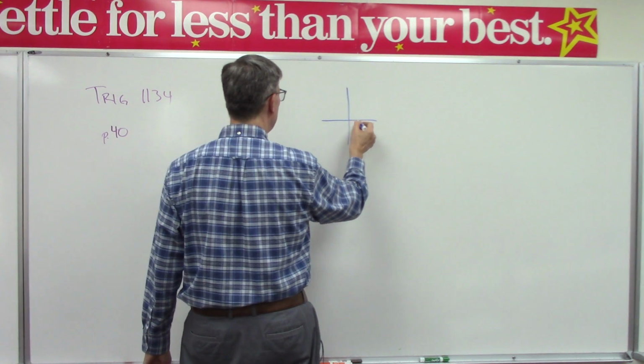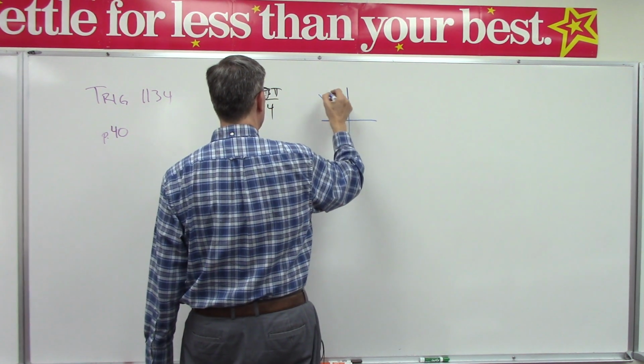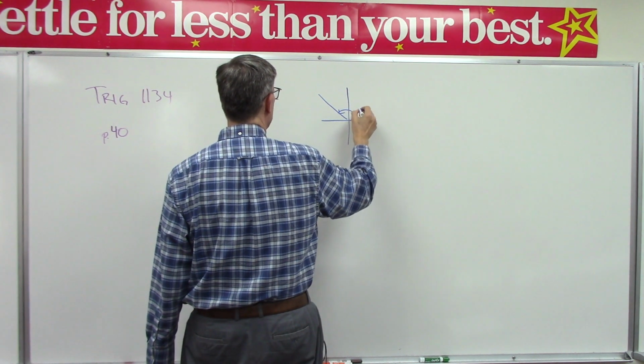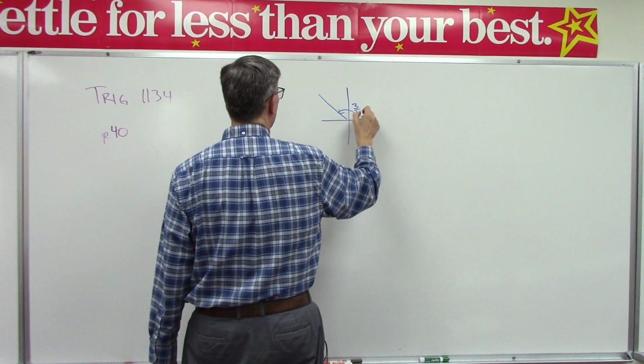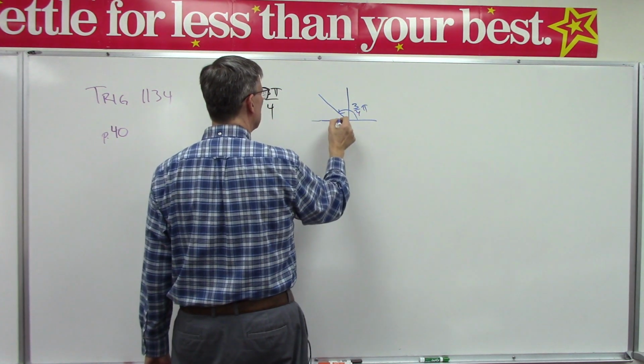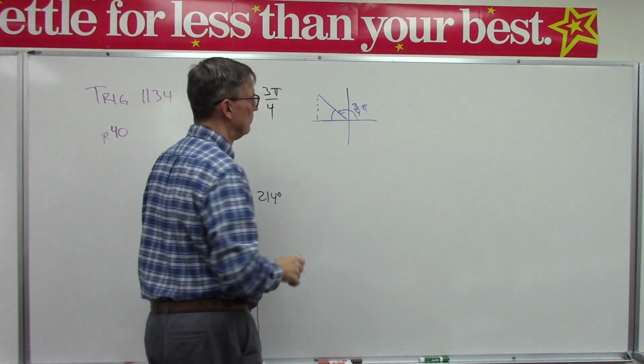So we're like 3/4 of that, which means we're going to be up here. So this would be like 1, 2, 3, 3/4 pi. Well, that means that the reference angle is this angle here, okay?